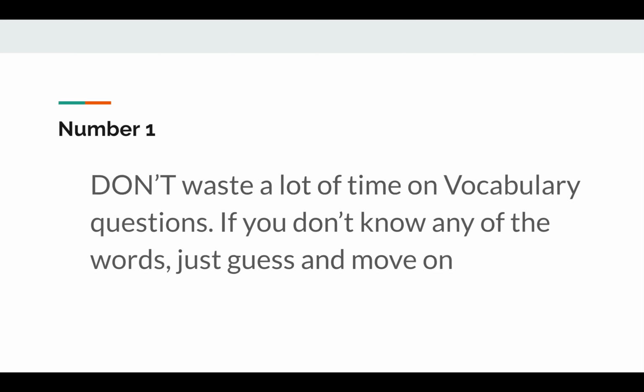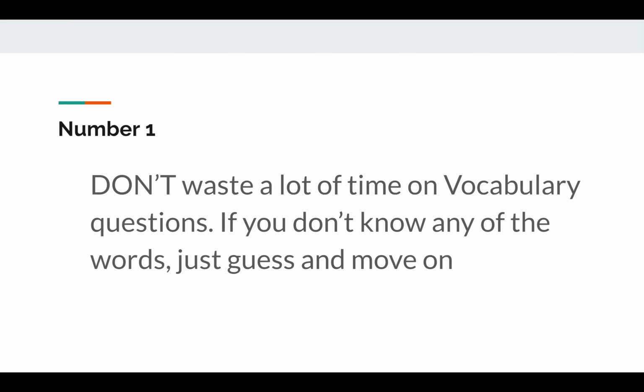Don't make it completely random, make it a slightly educated guess, but take a guess and move on. And don't think about it again, because you will be able to save a lot of time and use that time to solve the reading section of the digital SAT.